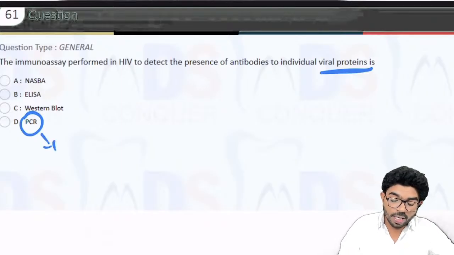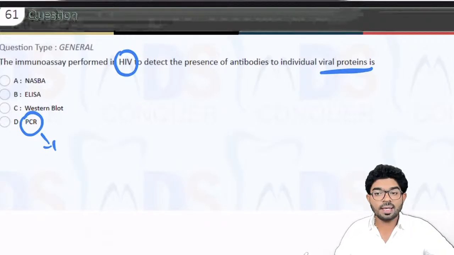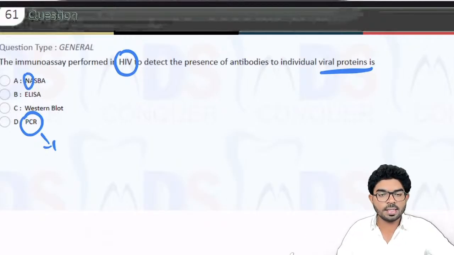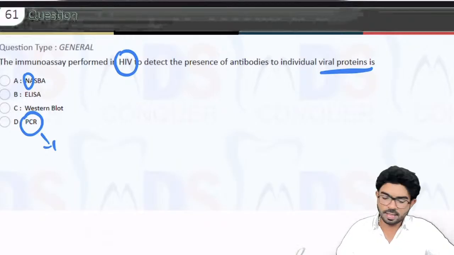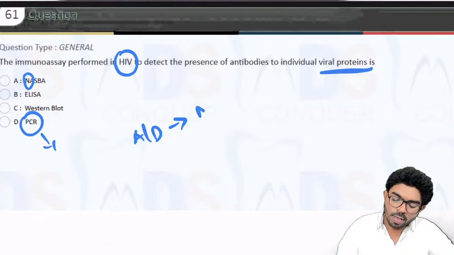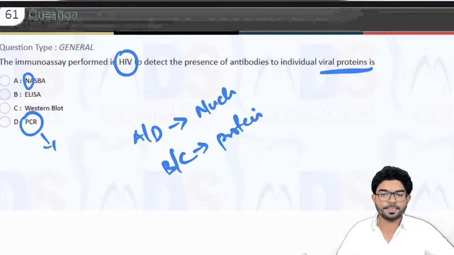Particularly now I'm talking about HIV, so it is identifying the nucleic acid associated with HIV, RNA. And similarly, this is also associated with nucleic acid, that is a nucleic acid sequence. So both option A and option D are talking about nucleic acid, whereas option B and option C are talking about the protein or the antibody. Okay. So it has to be either option B or option C.